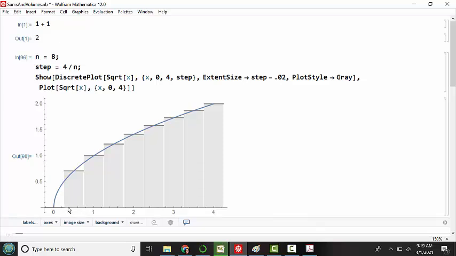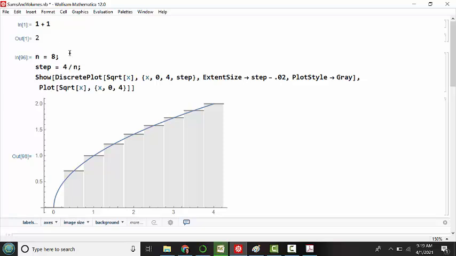And so our rectangles have equal base length but varying height. The height is defined by the function that we're considering, and what we do is compute the area of each of these individual rectangles and then add them all up to get an approximation for that area between the function and the positive x-axis that we're looking for.